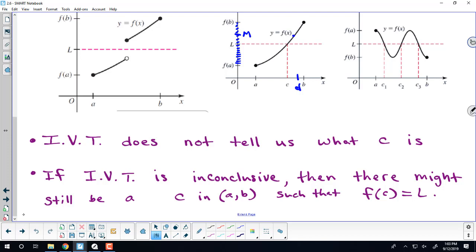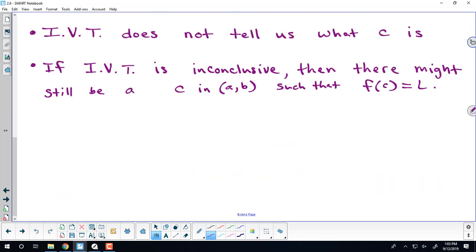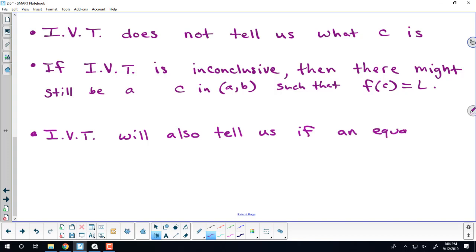Okay. So I'll write that here as well. The intermediate value theorem will also tell us if an equation has a solution.